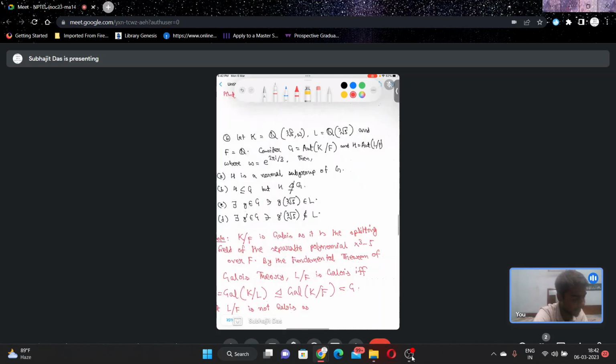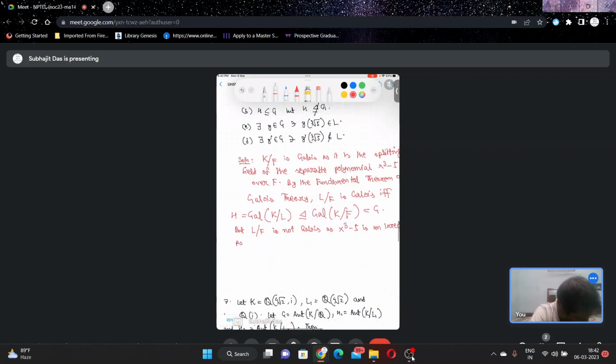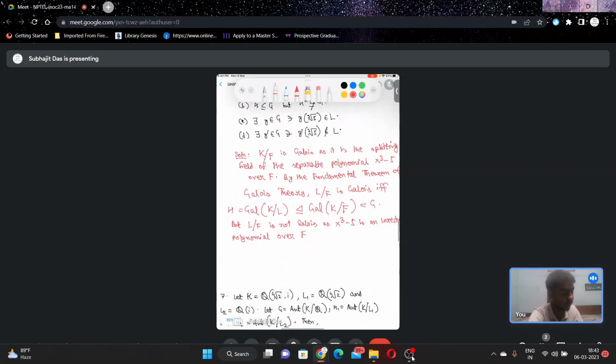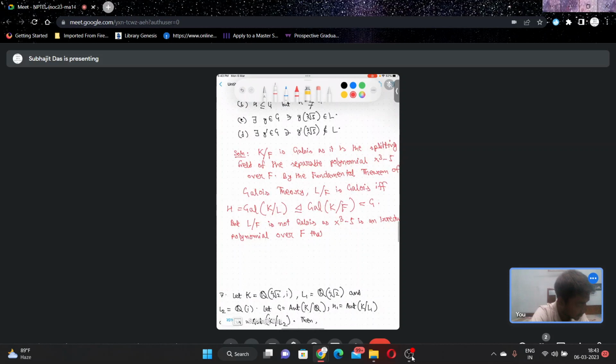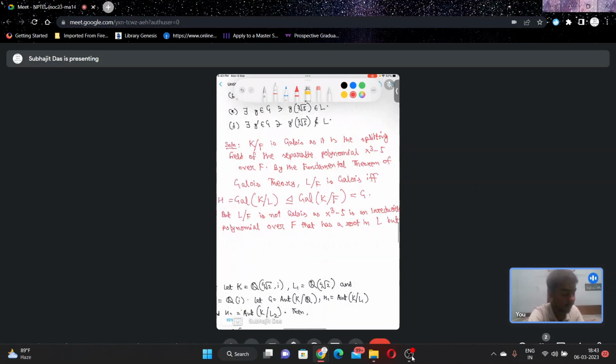What is L? L is Q adjoin cube root of 5. As x cubed minus 5 is an irreducible polynomial over F, this is an irreducible polynomial over F that has a root in L but doesn't split, right?